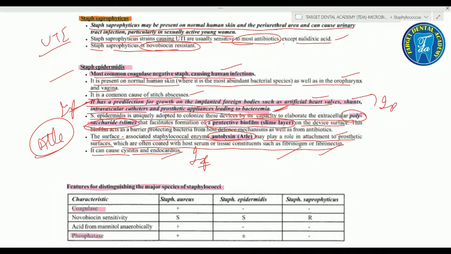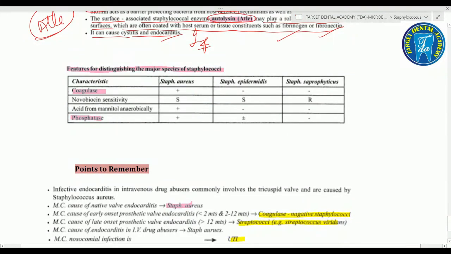So next are the features for distinguishing the major species of Staphylococci. Number 1, coagulase. It is positive in aureus, negative in epidermidis, and negative in saprophyticus. Novobiocin sensitivity: Staphylococcus aureus is sensitive, epidermidis is also sensitive, while saprophyticus is resistant.